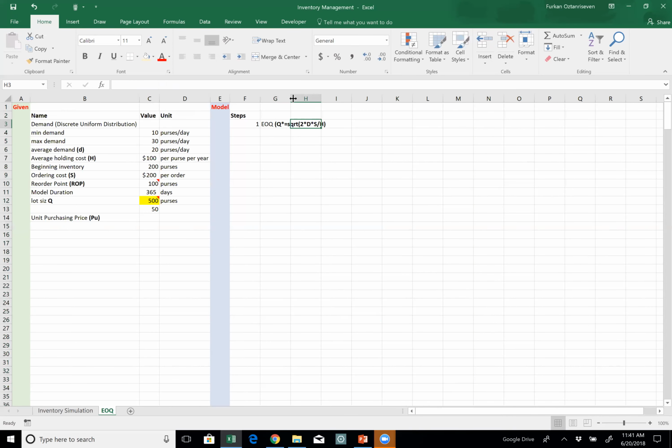If I use this formula, I can calculate my economic order quantity.